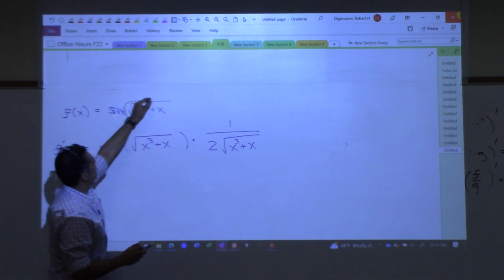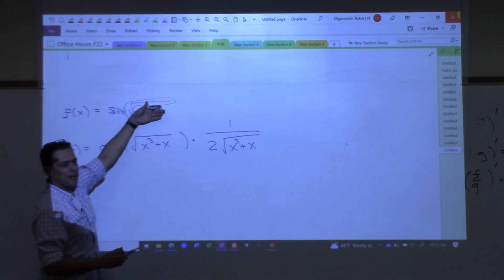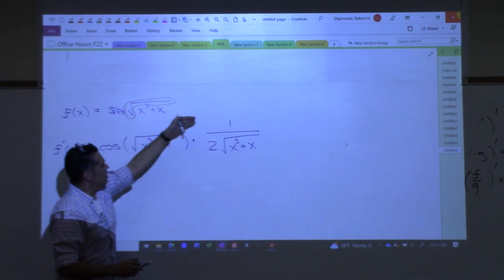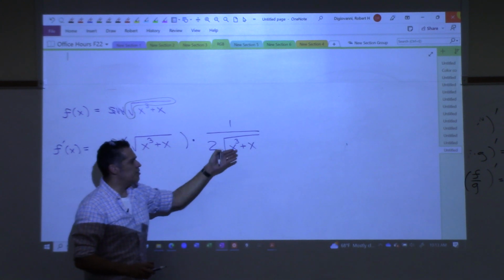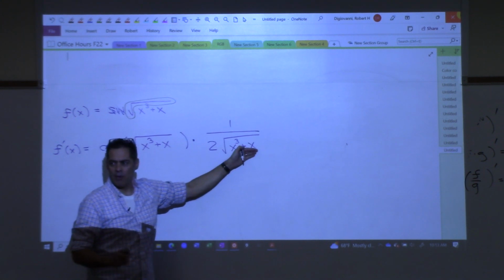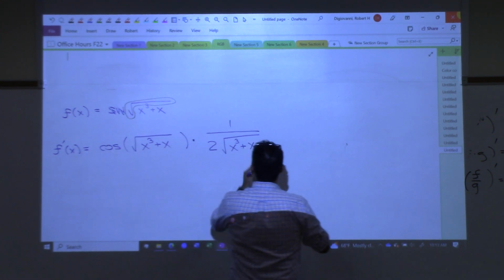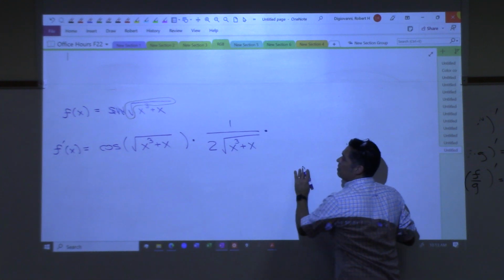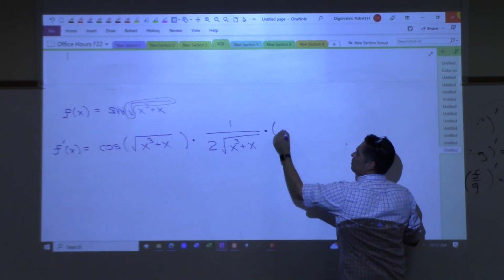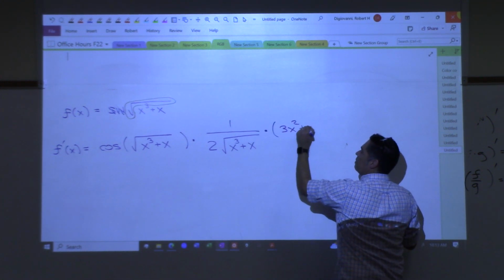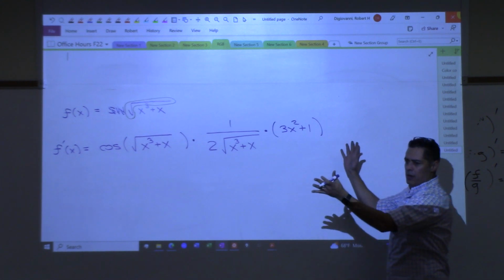Yep, we had the square root of something, right? So the derivative of the square root of something is 1 over 2 square roots of that something, right? Perfect. Who wants to finish it? There's one more. Go ahead. Good job. Parenthesis, 3x squared plus 1. There it is.